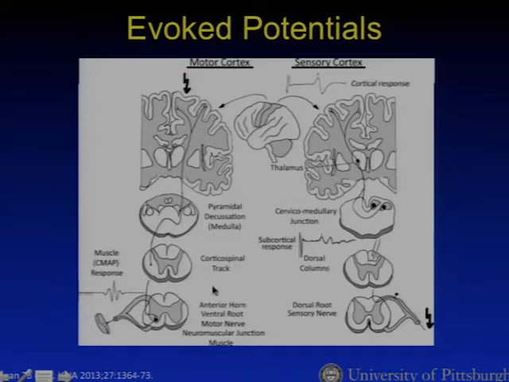In the motor pathway, the primary location for synapses are in the anterior horn of the spinal cord and the neuromuscular junction, making this a more useful monitor for detecting spinal cord ischemia, particularly in the anterior spinal artery distribution. The board likes to test anesthetic effects as it relates to motor and sensory potentials and EEGs, so I encourage you to review that on your own.